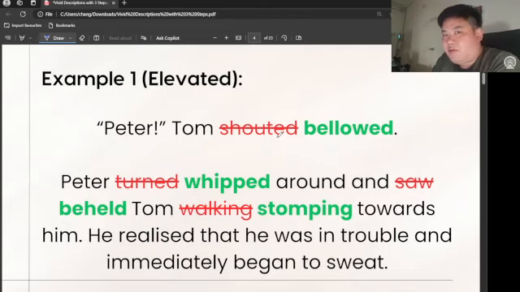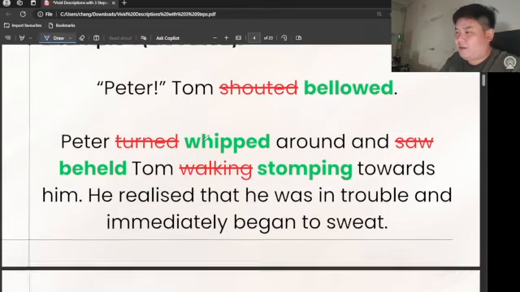So that they can process whatever information that's right in front of them, such that they can make whatever decisions they need to. So in this case, beheld, right? That suggests that the character was looking at the picture in full, and then beheld Tom stomping towards him. So instead of saying walking, you can use stomping, right? So taking very, very heavy steps and just basically stomping towards the main character.